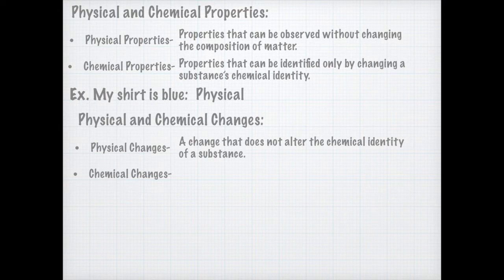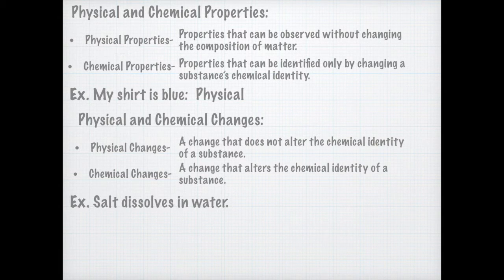In contrast, a chemical change is a change that alters the chemical identity of a substance. So for example, if you take a piece of toast and you burn it, you've changed the identity of the substance, and therefore it is a chemical change. So if I dissolve salt into water, since I'm not changing the identity of the salt or the water, it's still salt and water, it's going to be a physical change.